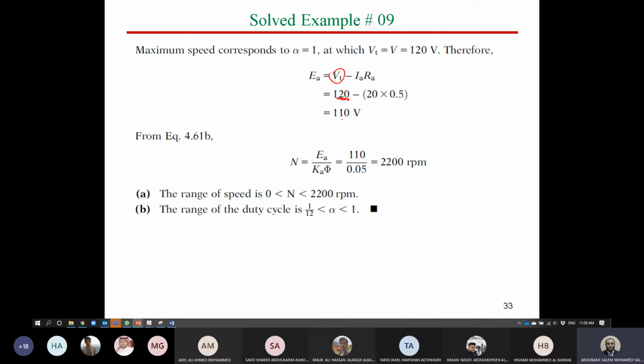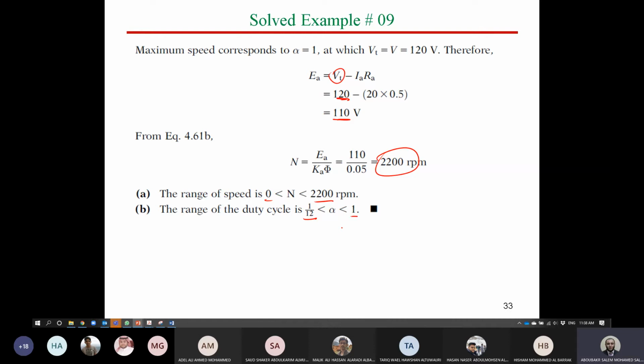For that, the EMF will be 110, and you can substitute in the equation to get the speed of motor at maximum possible voltage. This represents the maximum value of the motor speed range. So the motor speed range is from 0 to 2200 RPM, and the firing angle range is from 1/12 to unity.